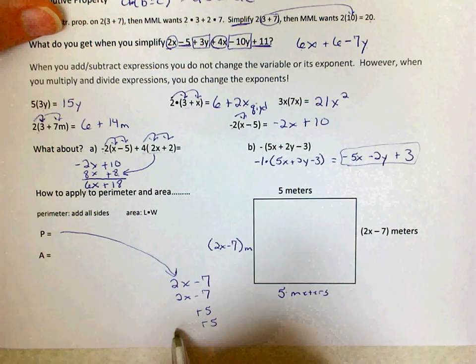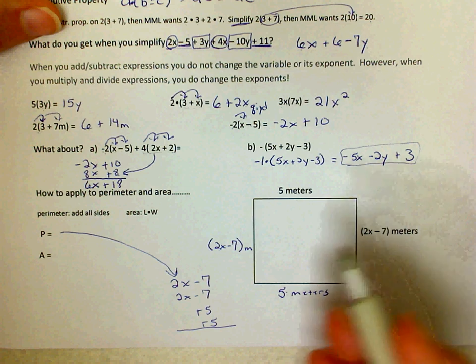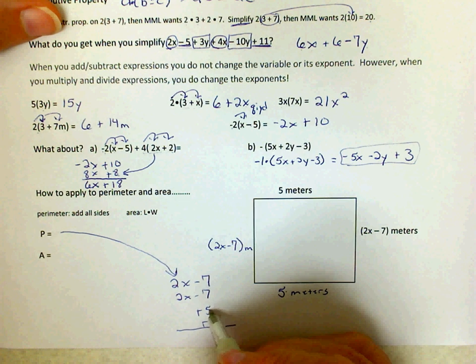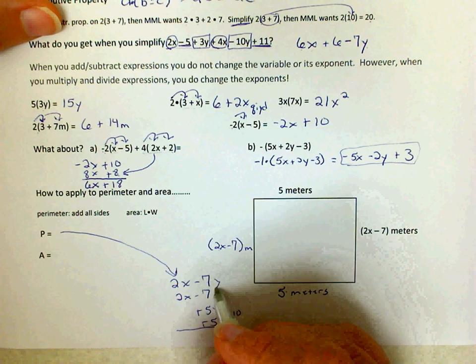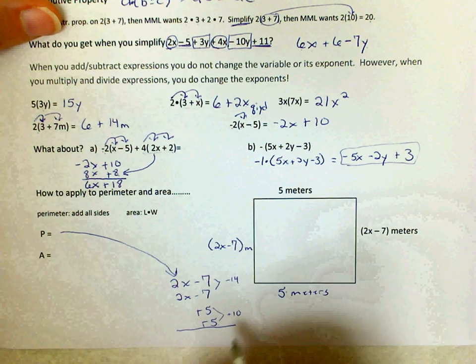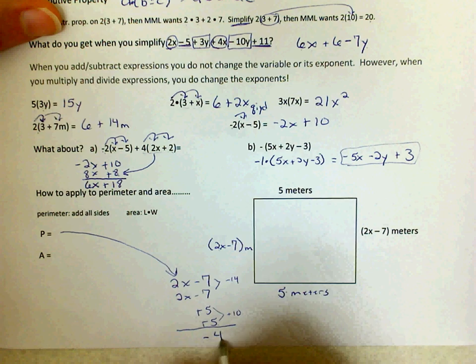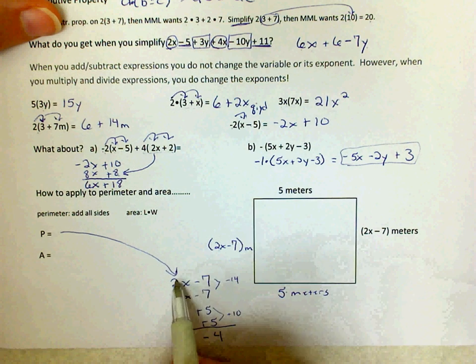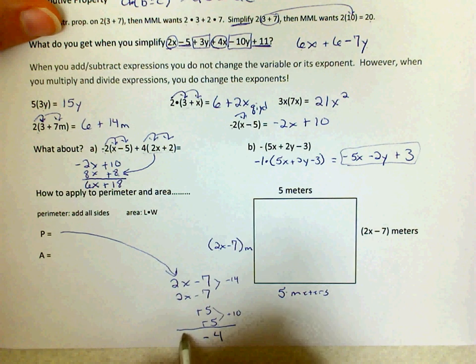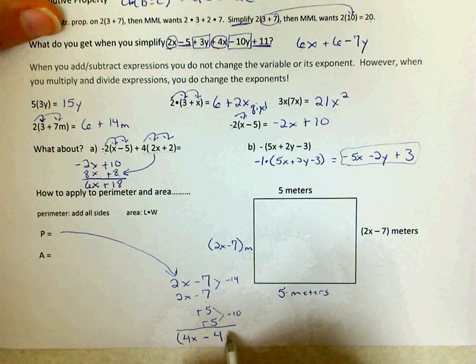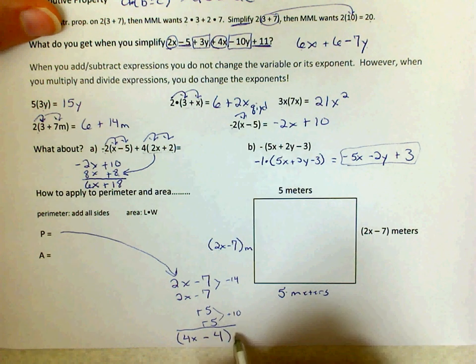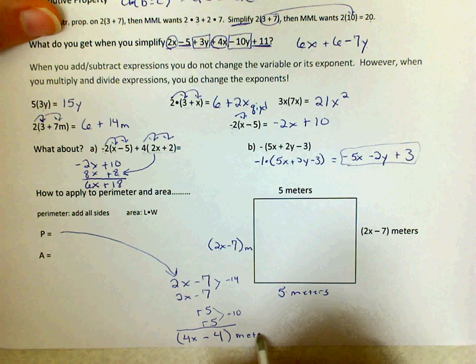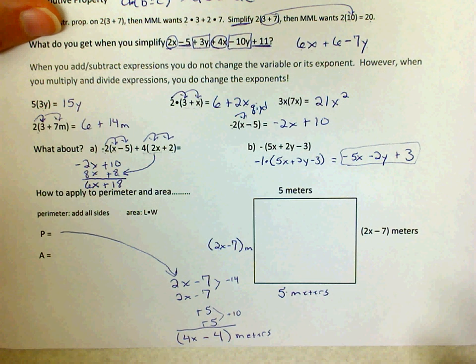Okay. These give me a positive 10. These give me a negative 14, which leaves me a negative 4. Then 2x's plus 2x's is 4x's. And because there's more than one term, I put my parentheses around it, and I put my meters back on the outside, my units.